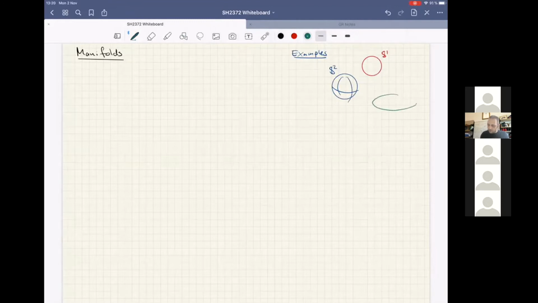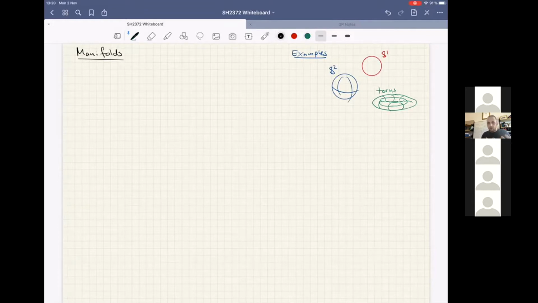And also if I try to draw here something that kind of looks like a torus. Well, it is a torus, it's supposed to be a torus, which is essentially this donut shape, the surface of that's also a manifold. So all of these are examples of manifolds.